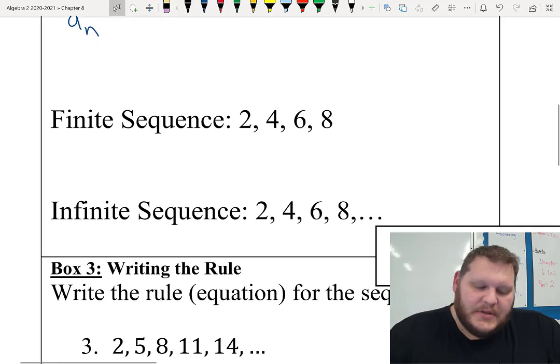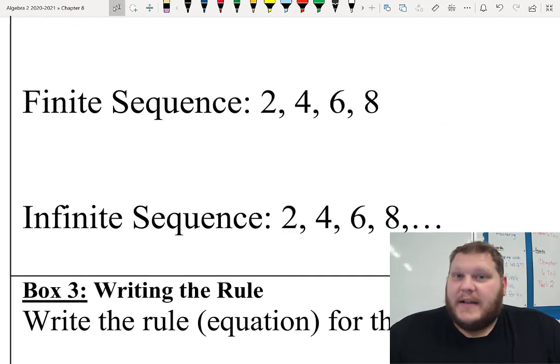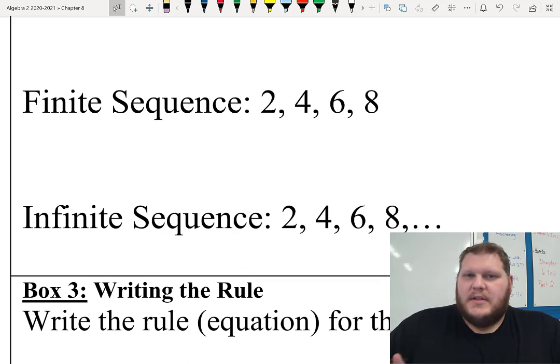We have 2 different types of sequences in their classification, not necessarily in the pattern within those sequences. We'll talk about the different types of sequences and the way that they grow, but we do have a difference between whether a sequence or a series stops or continues indefinitely. We use the words finite versus infinite.